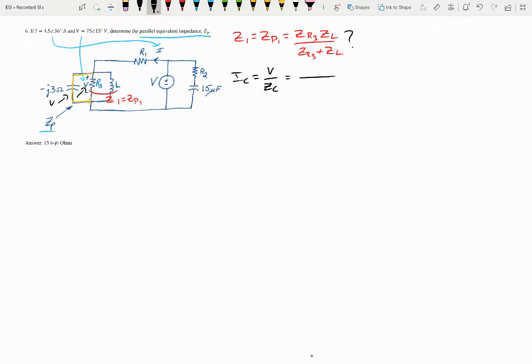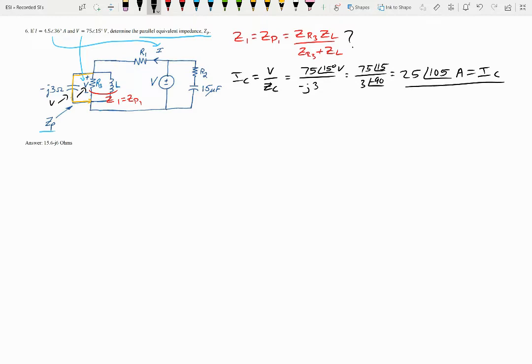So the voltage was 75 at angle 15 degrees. ZC is negative j3, which is the same thing as saying 3 at angle negative 90. So we divide these out. 75 divided by 3 gives us 25. 15 minus negative 90 will give us 105. Okay, amps for I of C.